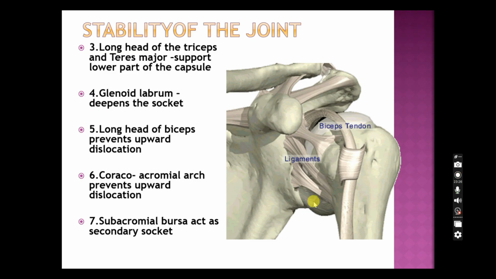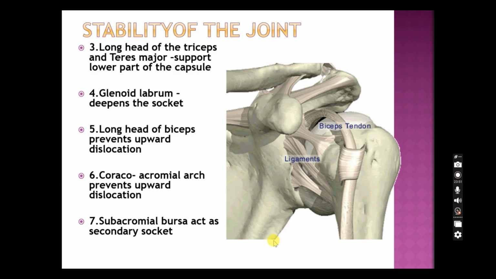So when the head of the humerus tends to descend downwards, that is to a certain extent prevented by a muscle located in the inferior aspect of the shoulder joint, that means the long head of the triceps.